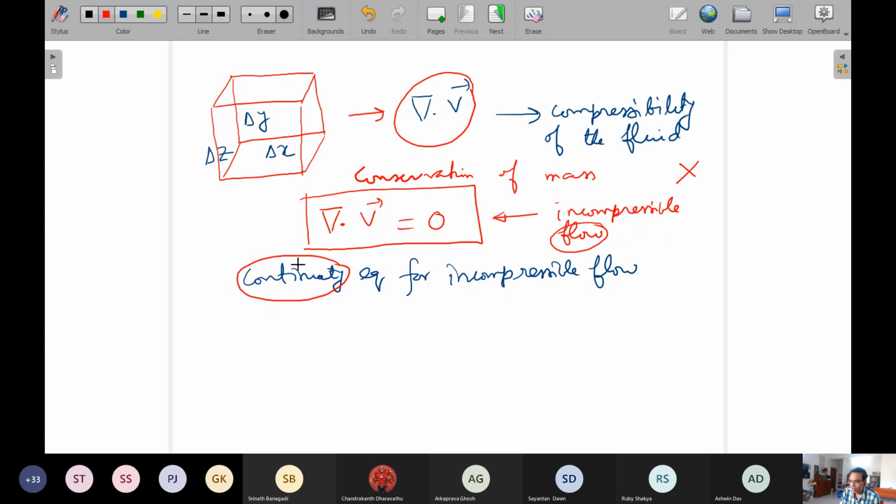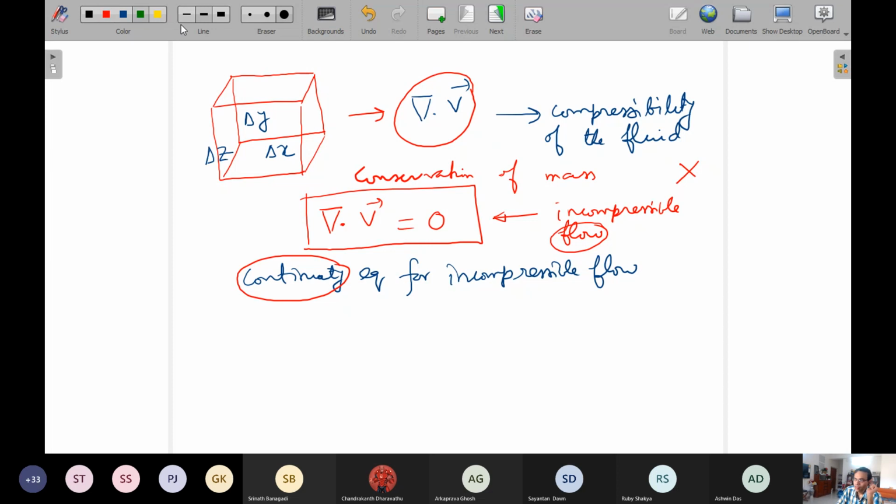Now, conservation of mass is not directly related to kinematics. It will be indirectly, of course, because mass is density times volume, and volume will be related to kinematics, but I mean change in volume. But mass is not directly. In fact, mass is not a kinematic parameter at all. So getting this equation through the route of conservation of mass is of course one way, but that is not a purely kinematic viewpoint.